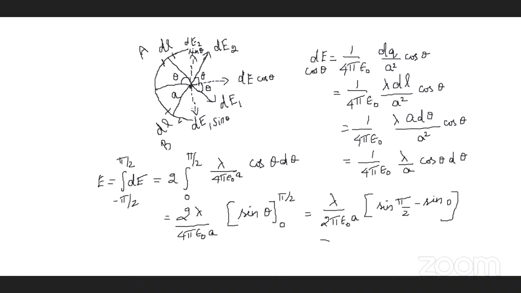Sin pi by 2 value is 1. So lambda by 2 pi epsilon naught a is the value of the electric field. And I think you have the option there, that is option C.